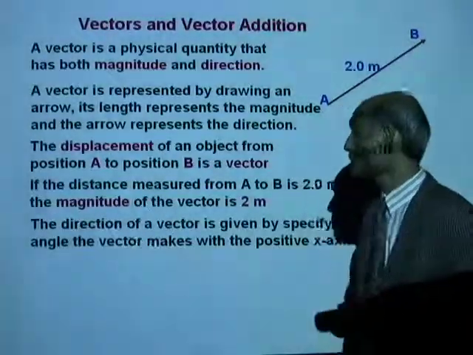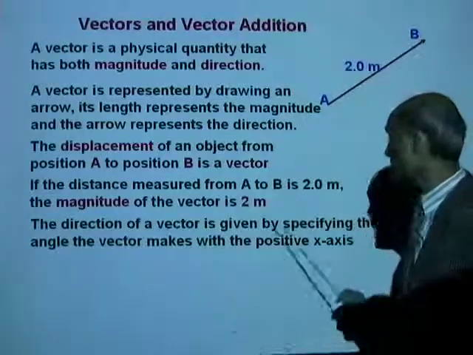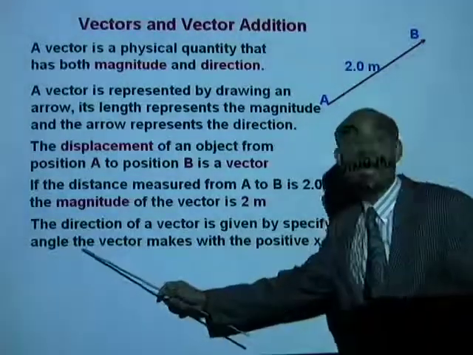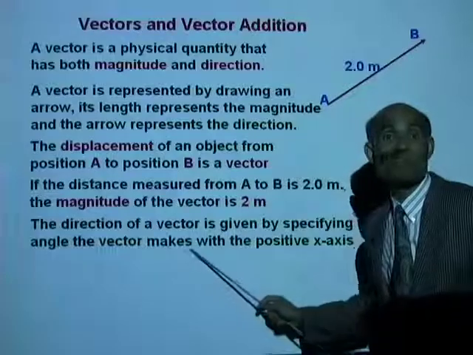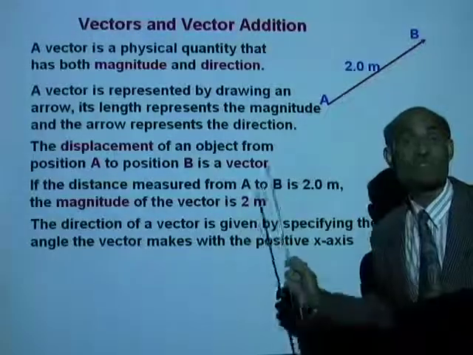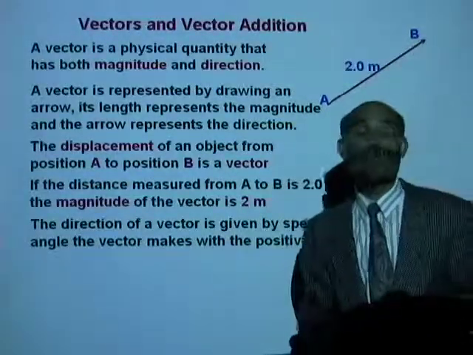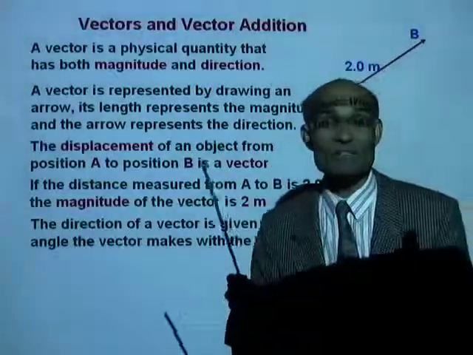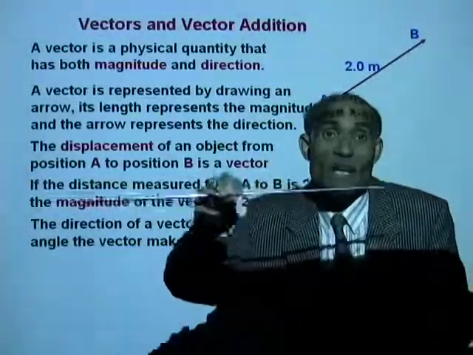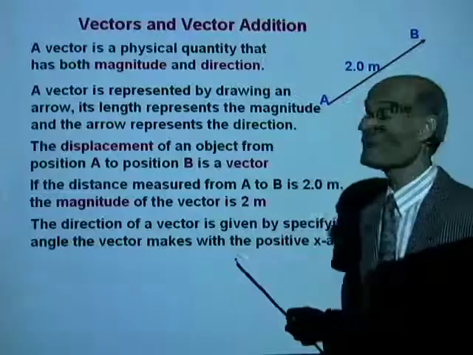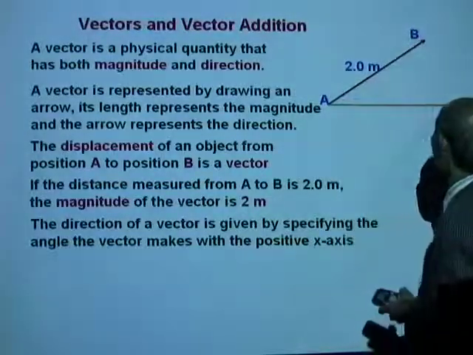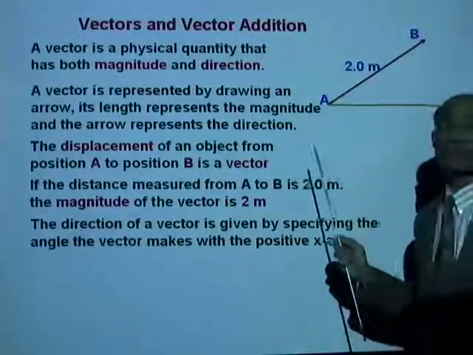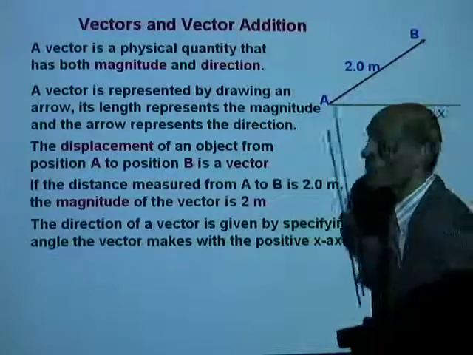The direction of a vector is given by specifying the angle the vector makes with the positive x-axis. So whenever you want to draw a vector, always draw the x-axis, the positive x-axis. Here I have the positive x-axis and the angle measured.